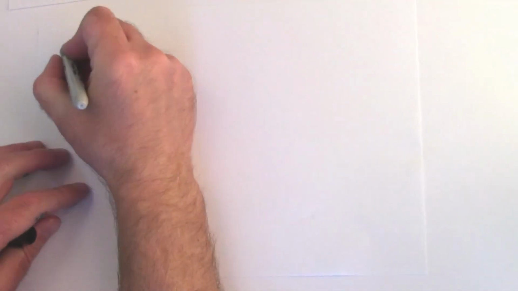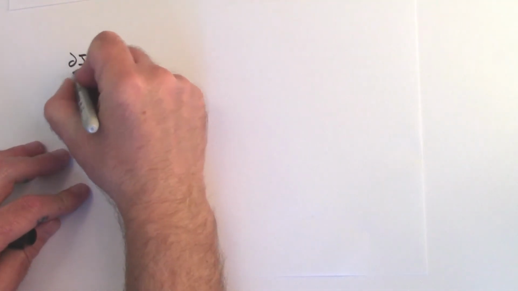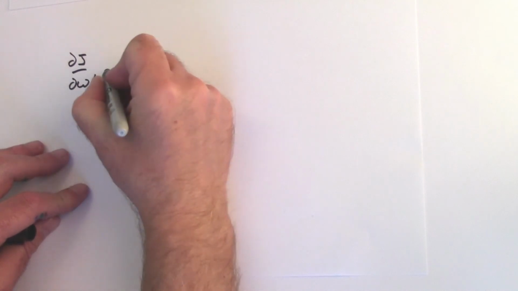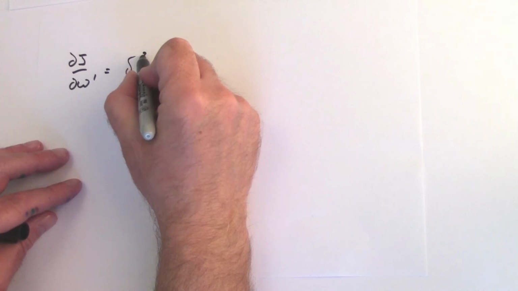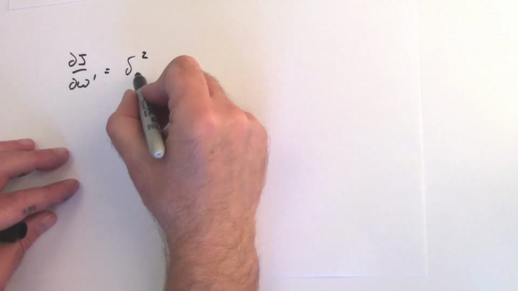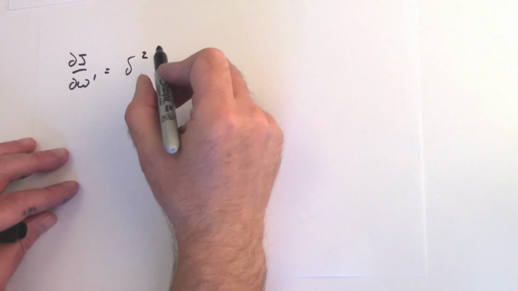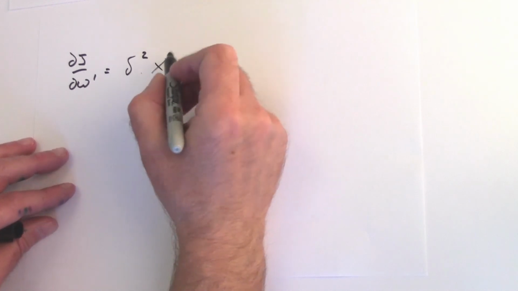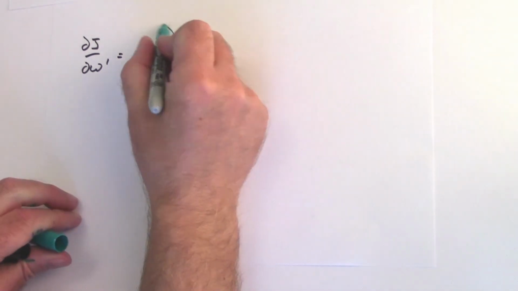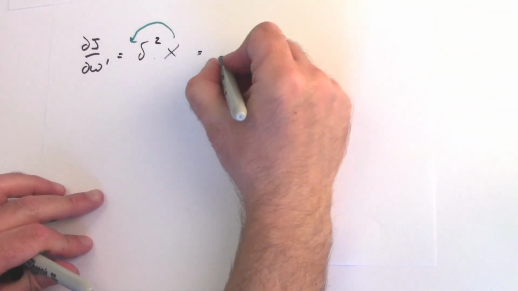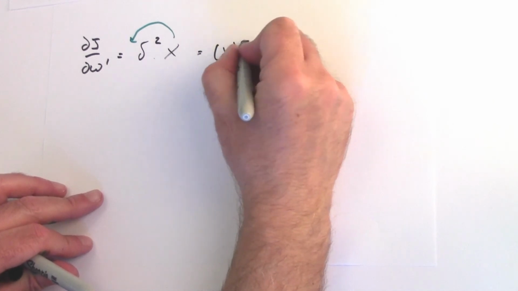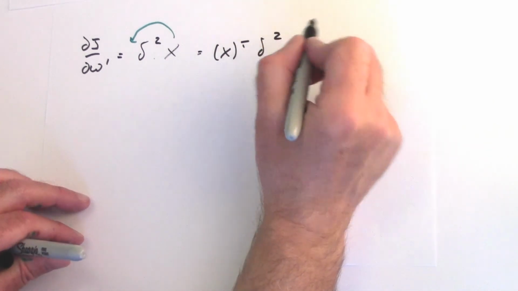So we end up here as having dJ by dW1 equal to del 2 times x. But again, we have to move this x over here. We have to transpose, so that becomes x transpose del 2.